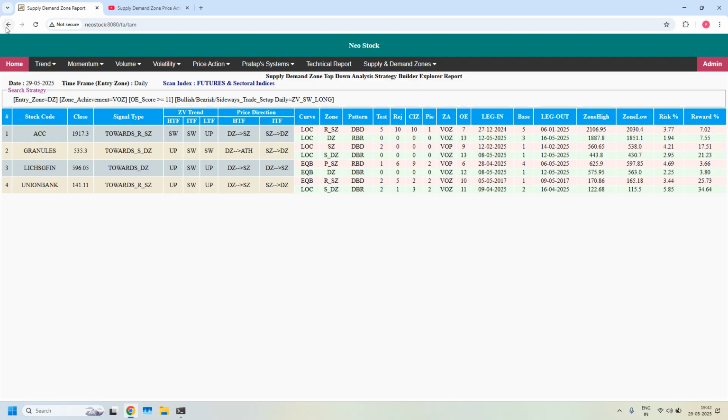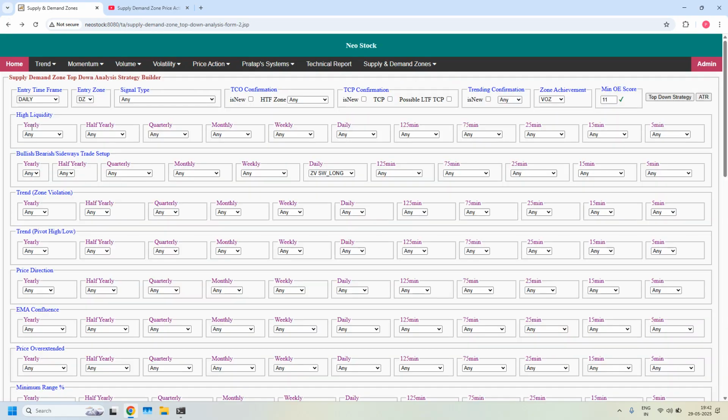So next, sideways short trade setup for monthly income trade. Entry time frame is daily, but the entry zone should be supply zone. And one more change here, for sideways short trade setup, this time both these filters, zone achievement and minimum odd enhancer score, are applied to the daily supply zone.